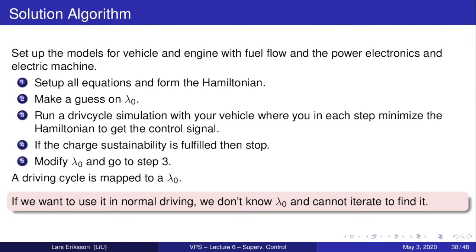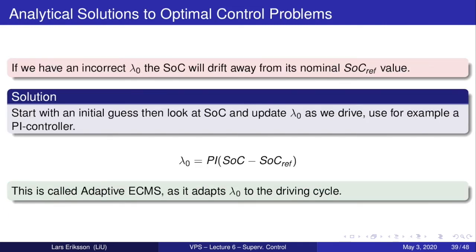One way of looking at this is that the driving cycle is mapped to a lambda 0. If we want to use it in normal driving, we don't know lambda 0 and we cannot iterate to find it. So how do we go about it then? If we have an incorrect lambda 0, the SoC will drift away from its nominal SoC reference value.